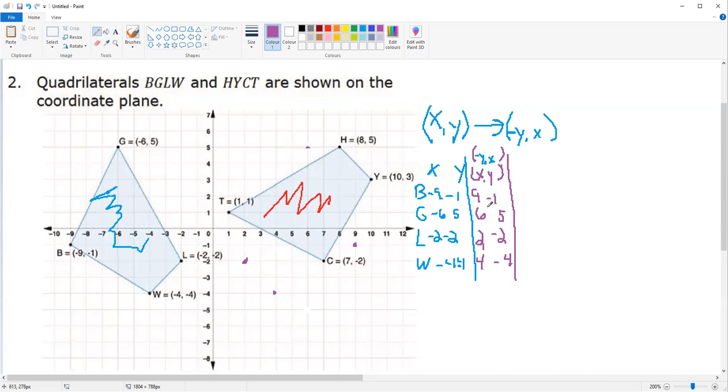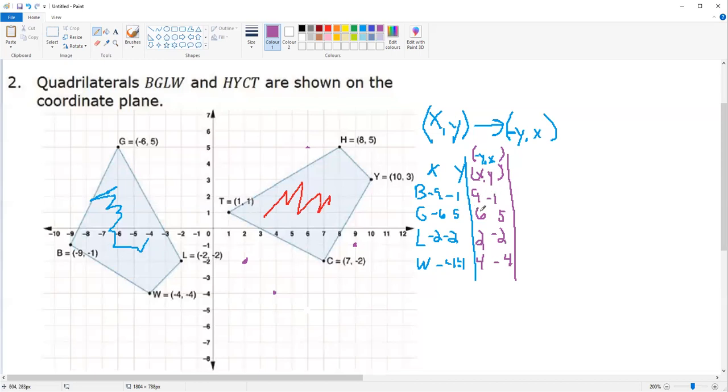Let me double check here. Still looks a little funny. Really funny. Let me double check my copy of 9 and -1, -6 and 5, -2 and -2, -4 and -4. Okay, that's all right. So I flopped them: -9, 1.